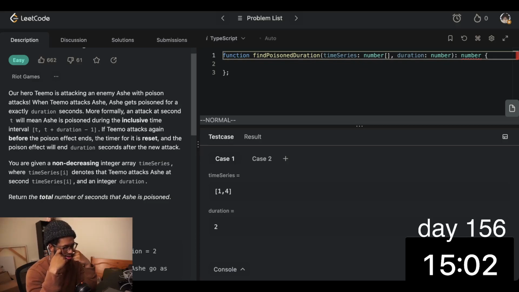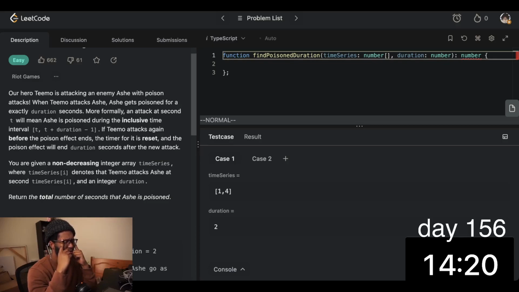Given a non-decreasing integer array time series, where time series sub I denotes that Teemo attacks Ashe at second time series sub I. So we have an array of time series, and then we have a duration.